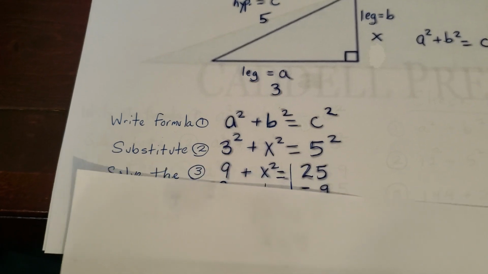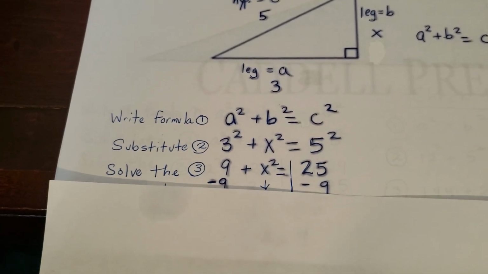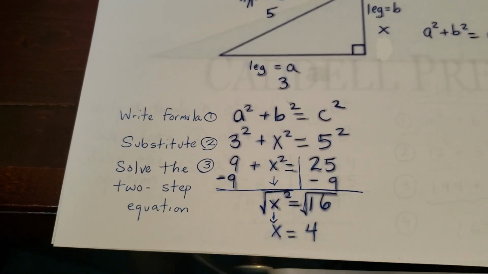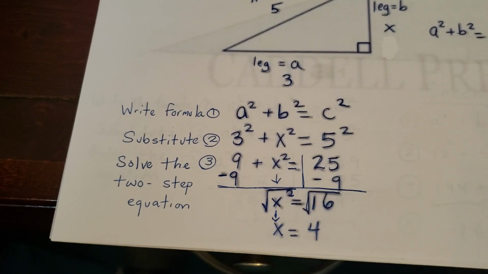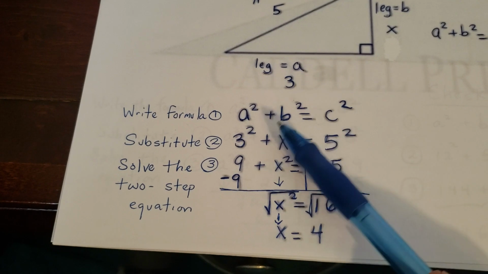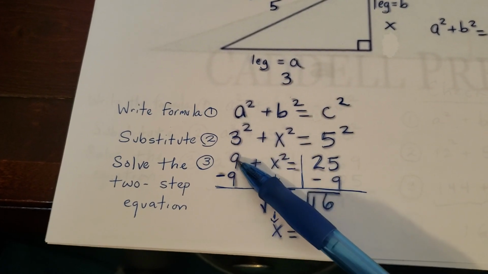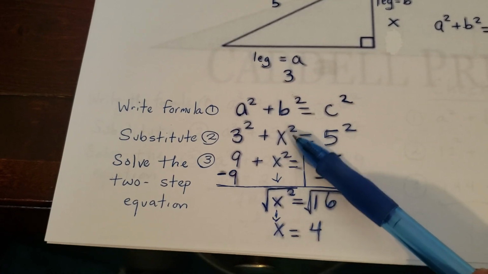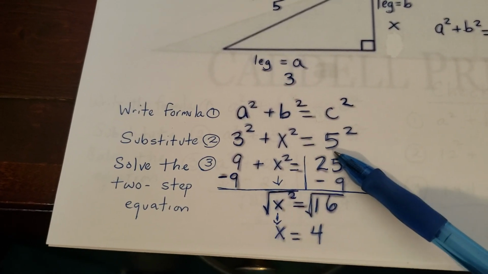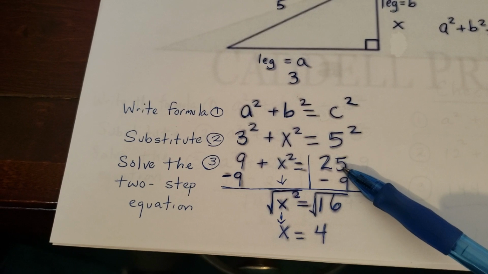Now step 3, the third step, is you want to solve. So this is what we do. We square the 3, which gives us 9. We can't square the x because there's no value here. And the square of 5 to the second power is 25.